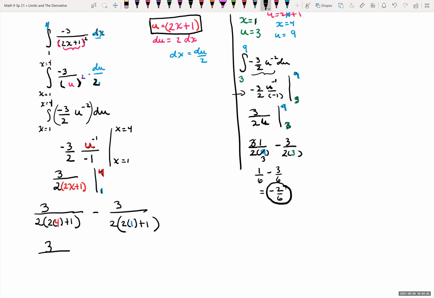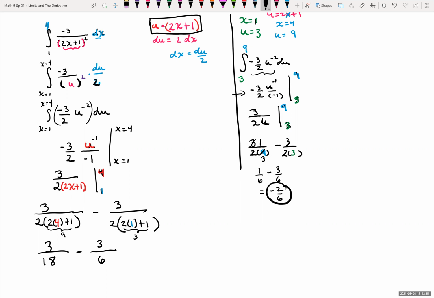I have 3 all over, inside parentheses first, 2 times 4 is 8, plus 1 is 9, and 2 times 9 is 18. Minus 3 all over 2, we'll go inside parentheses first. 2 times 1 is 2, plus 1 is 3. 3 times this 2 out here is 6.